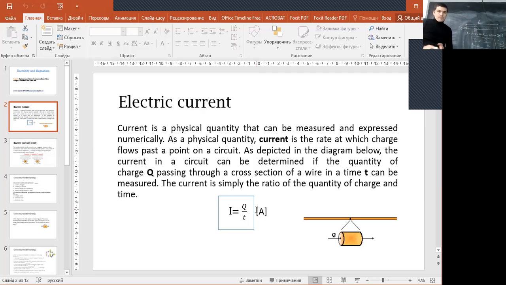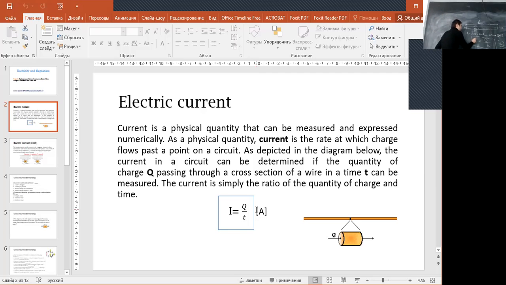So current is a physical quantity that can be measured and expressed numerically. Current is the rate at which charge flows past a point on a circuit. If a quantity of charge Q passes through a cross-section area of wire, the current is simply the ratio of quantity of charge and time.